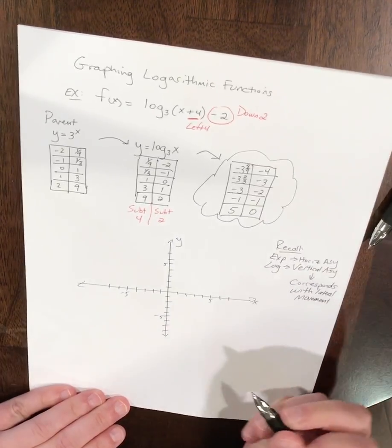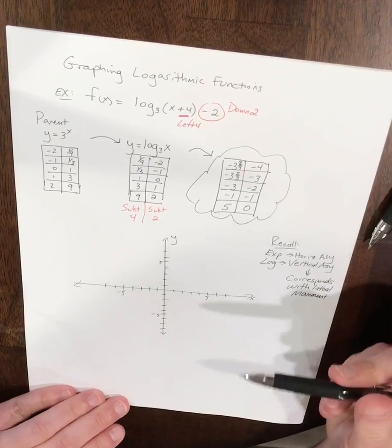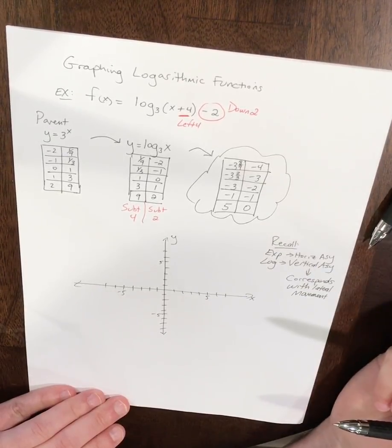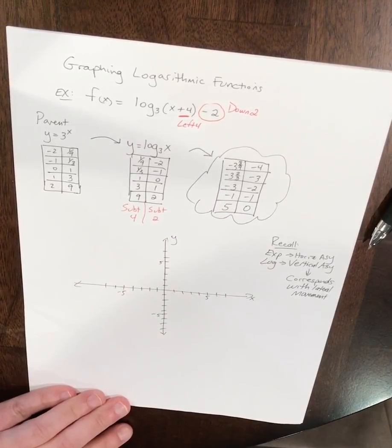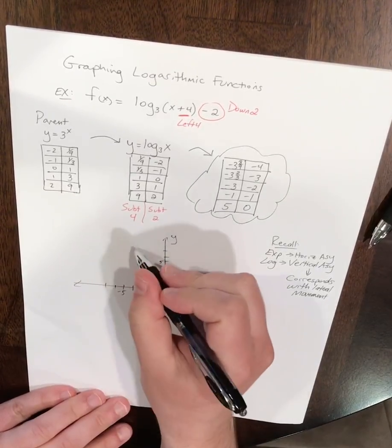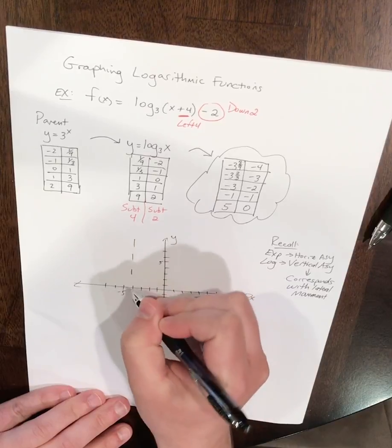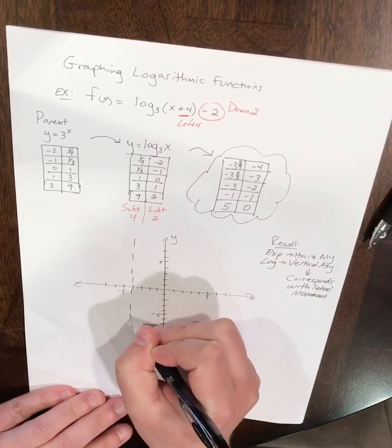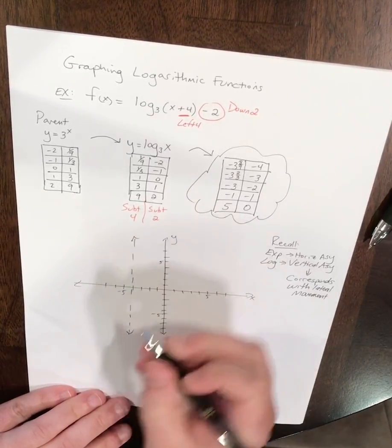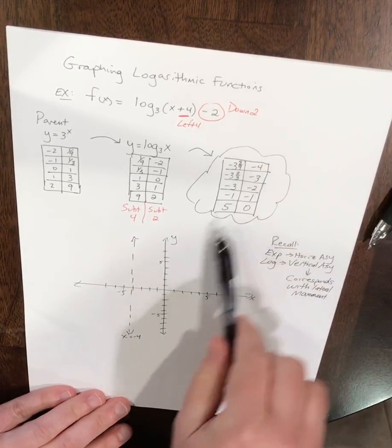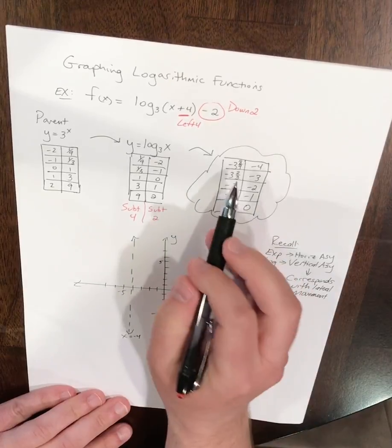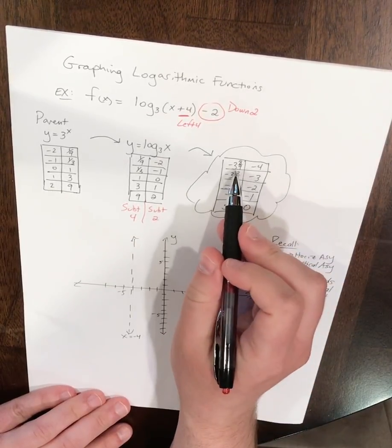So a parent log would have the y-axis as its asymptote, and now we are moving that left 4 units. So my asymptote is going to be here at the line x equals negative 4. Right, and then I can now plot these other points, and you'll see they hug that asymptote.